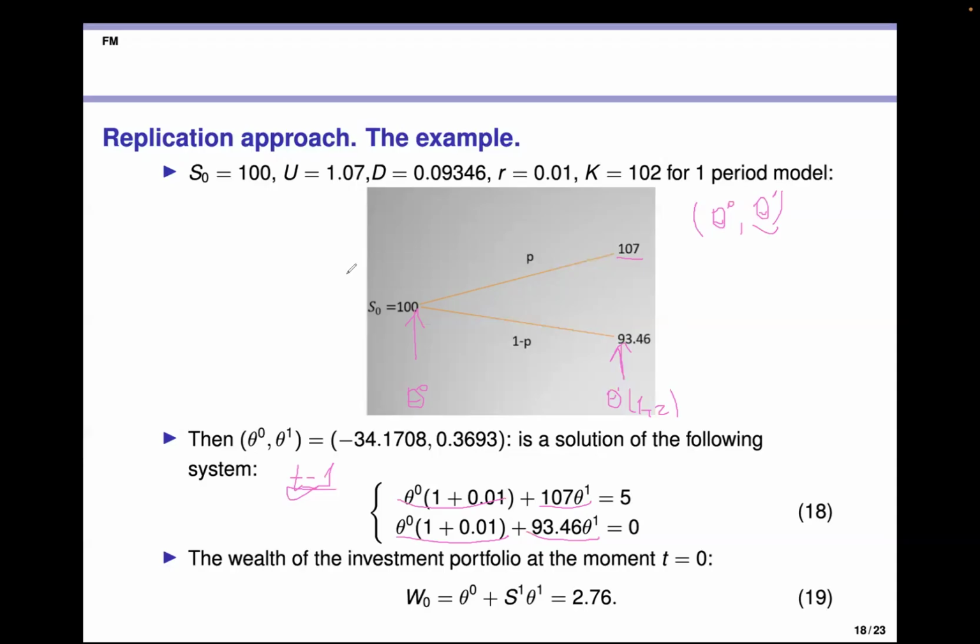For the call option, if K equals 102, the payoff function in the up scenario is how much? It's very easy.